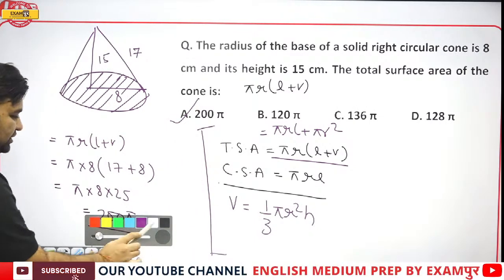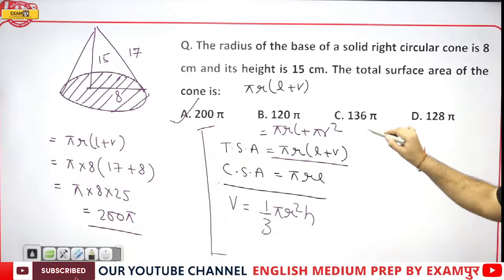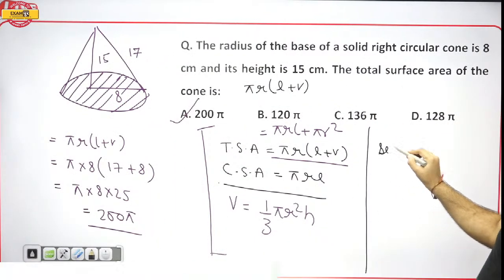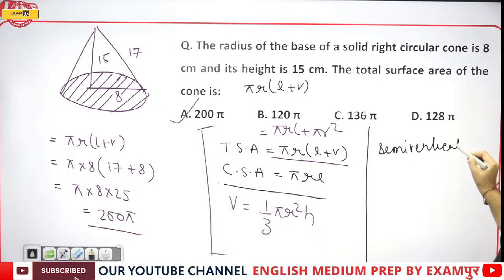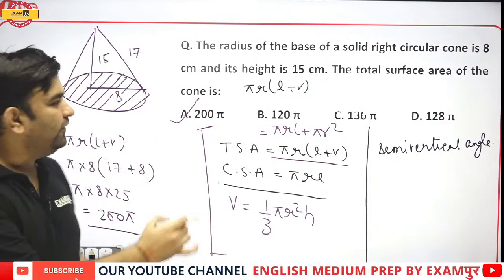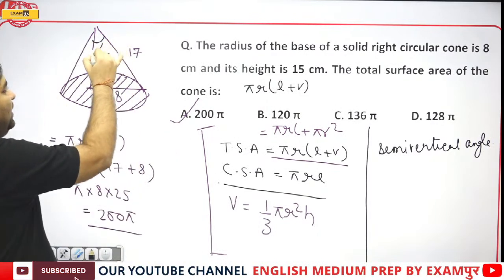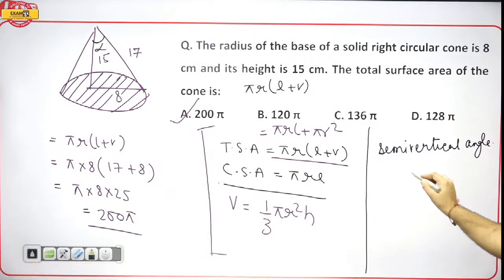There is one more piece of information, the semi-vertical angle. Where is the semi-vertical angle? This is semi-vertical angle alpha.